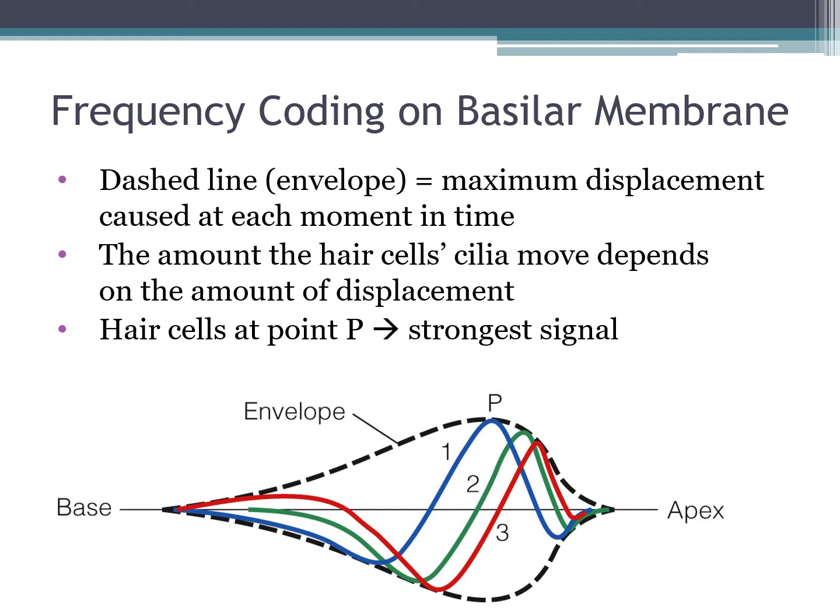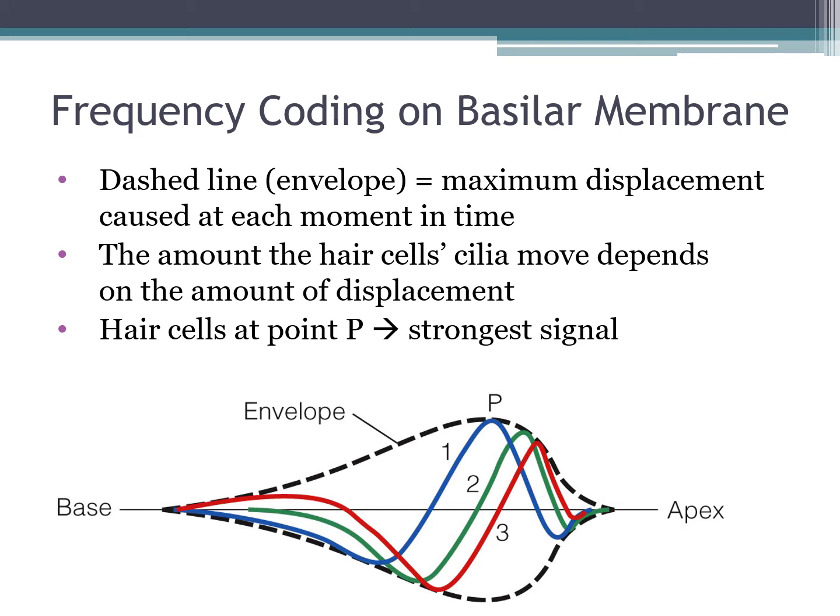Where we see the largest amount of displacement is where we're going to see more bending back and forth of the inner hair cells' cilia. That movement depends on how much the basilar membrane is being displaced, because remember, it's causing a similar back and forth shearing of the tectorial membrane.